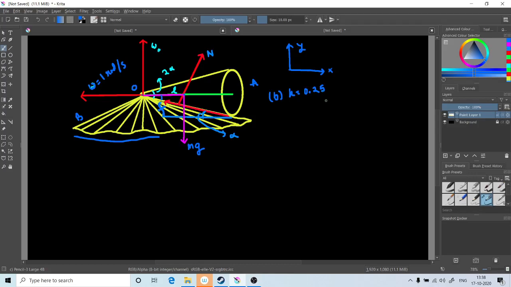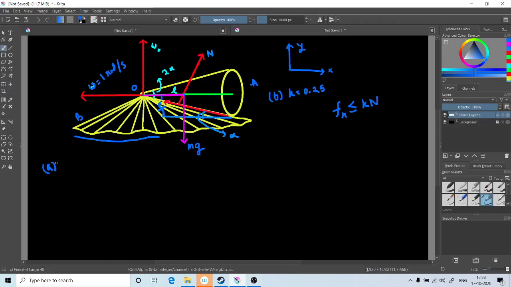Rolling without sliding, this is the condition: static friction less than or equal to Kn. This is the condition. So let's start solving.